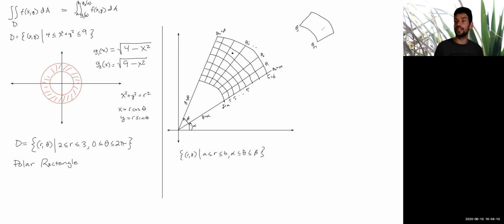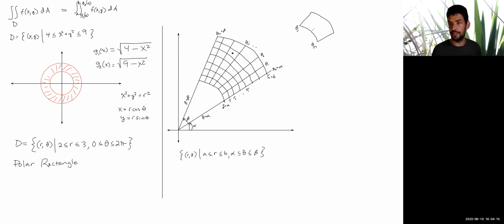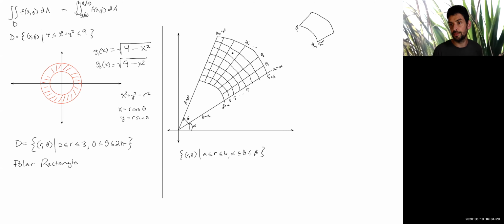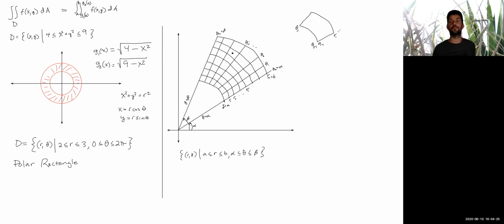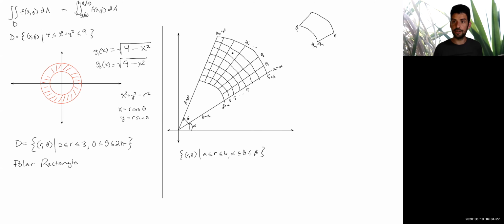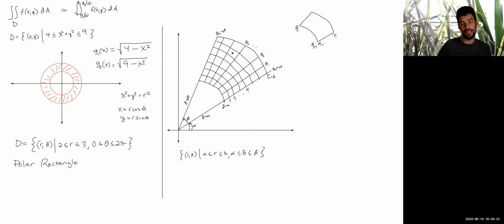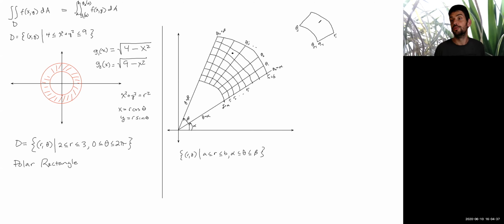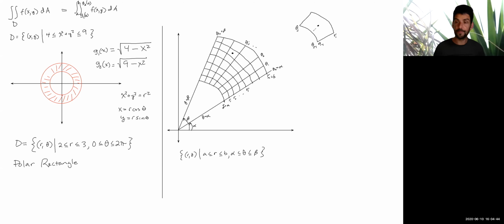Those are the two radial lines defining the angle. And then these radii will be R sub I and R sub I minus 1. So we're taking a little piece, just like we would look at rectangles between X sub I minus 1 and X sub I, and Y sub J minus 1 and Y sub J. We're splitting up there. I'm just drawing this piece bigger over here to make this a little bit easier.